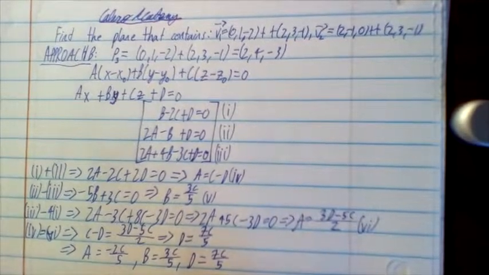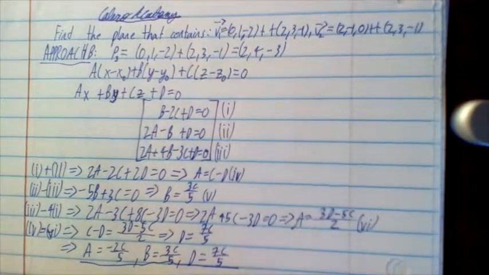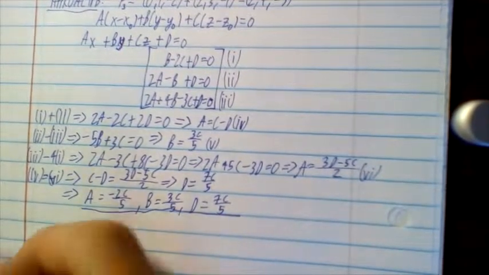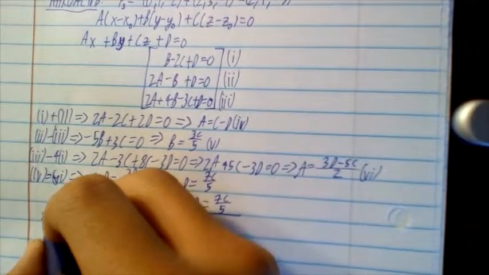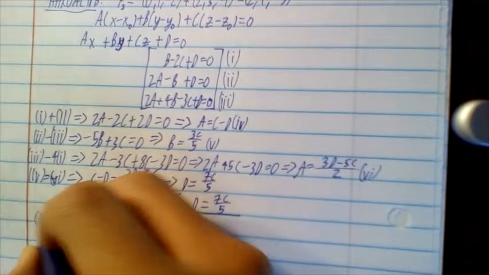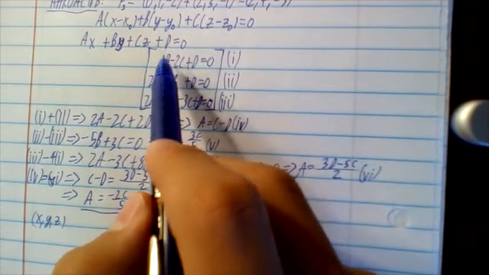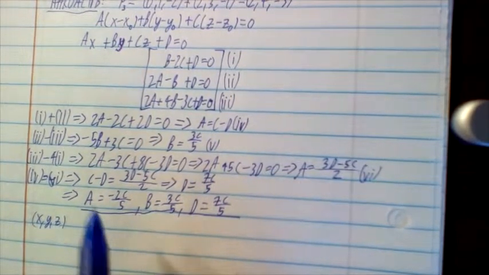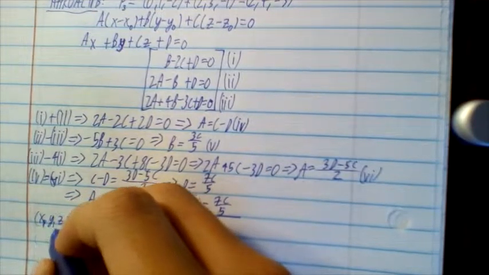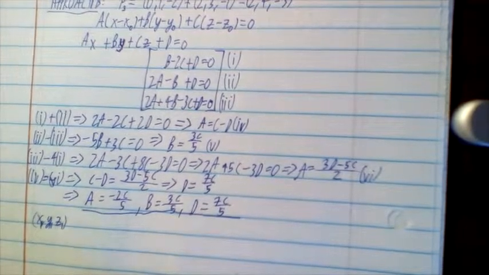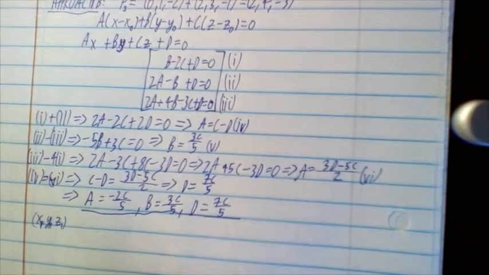Now, let's take a little quick reminder course. Suppose we have x, y, and z that, when we put into our equation ax plus by plus cz plus d, is all equal to 0. So we have a point x1, y1, and z1 that fits that equation.